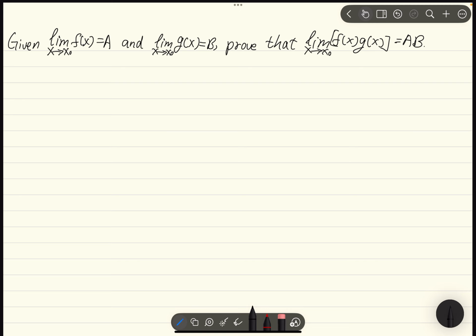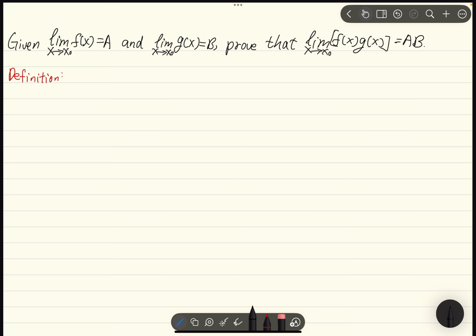Before we move on to the epsilon delta proof of this real analysis problem, let's first revise the epsilon delta definition of a limit. So what exactly is a limit?